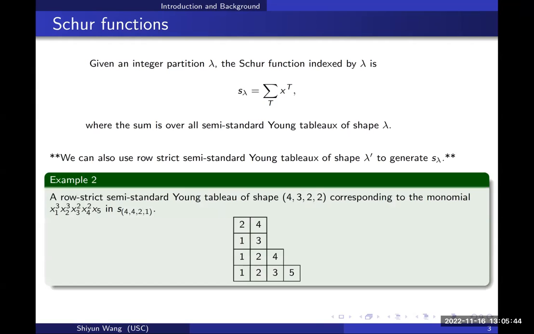So for the previous one, 4421, we can use tableaux in the shape of 4322, and now we have weakly increasing columns and strictly increasing rows. We're going to use this idea later on for composition tableaux.